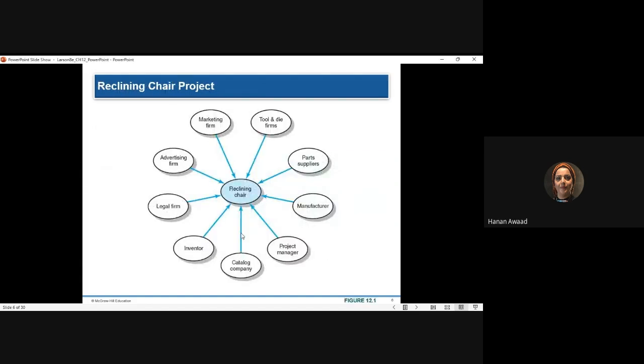So here is an example from your book. To manufacture a reclining chair, what are the functions that could be dealt with or included in this project? We need some tools and dies, jigs and fixtures for the production line.